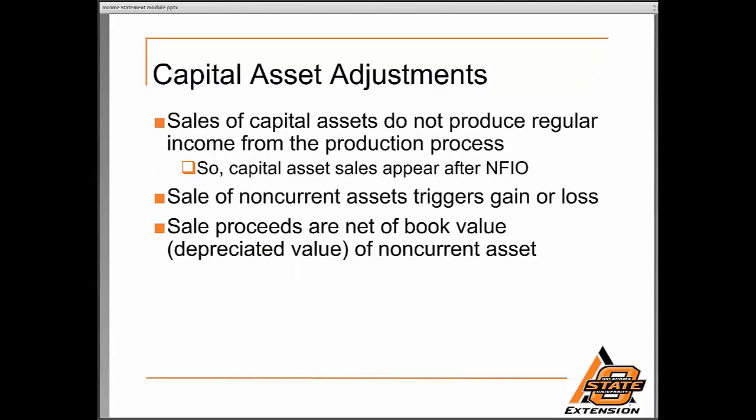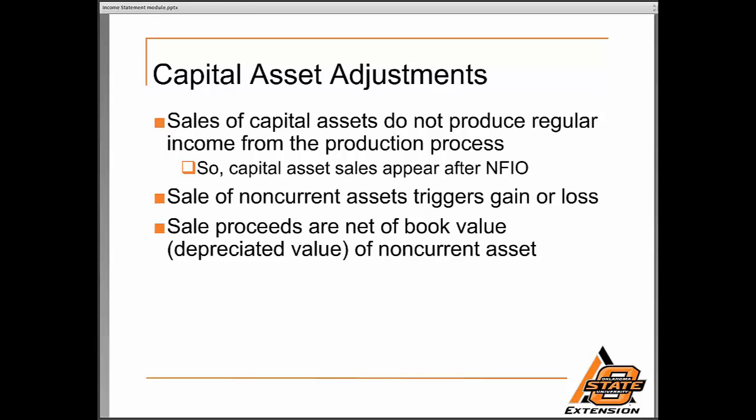Capital asset adjustments occur when capital assets, such as a tractor or land, are sold and a capital gain or loss is triggered. The sale proceeds net of book or depreciated value are included on the income statement.